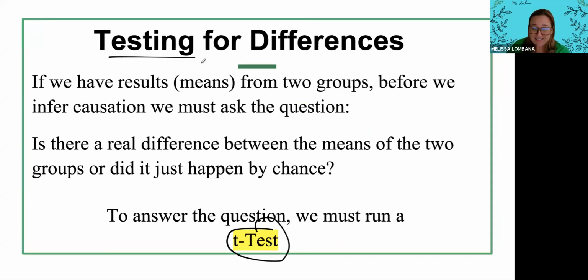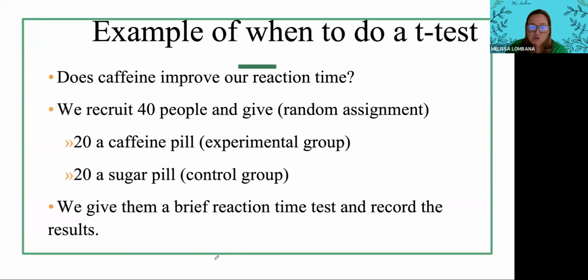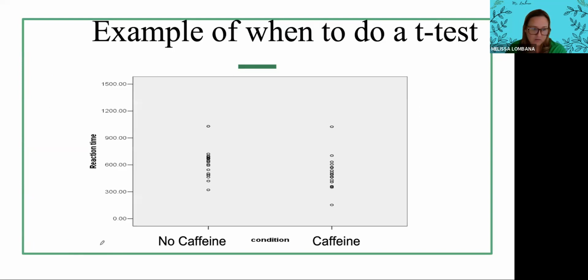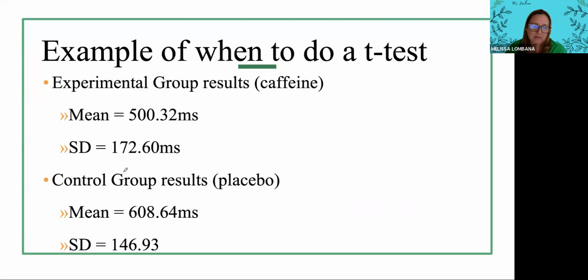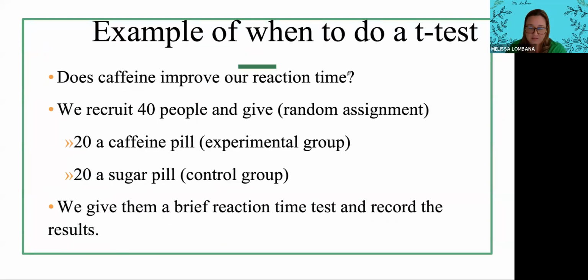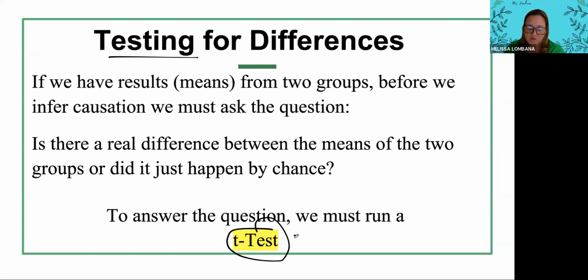From this t-test, they give you what's called statistical significance. That's what's going to determine that. And there are mathematical ways of getting the t-test, but we want to know, is it statistically significant?